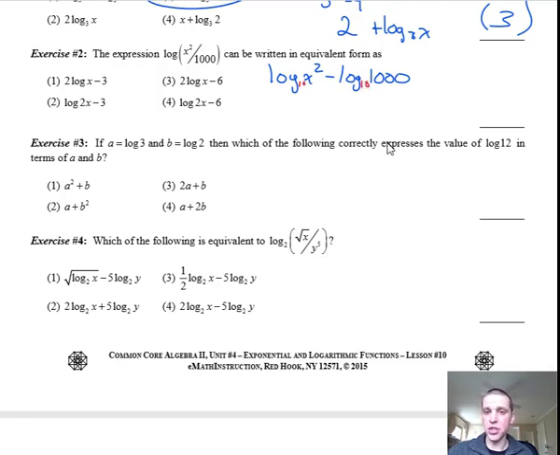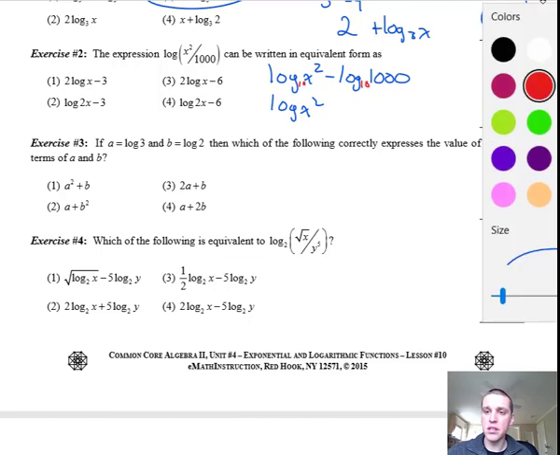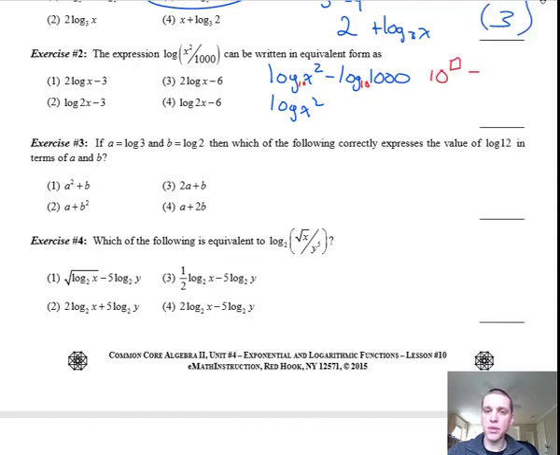In this case, we know that 10 to some power can't ever equal x squared, so we're going to leave it as log of x squared. But with this one we can. 10 to what power gives you 1000? Well, we know it's 10 to the third. And so that's just going to be minus 3.